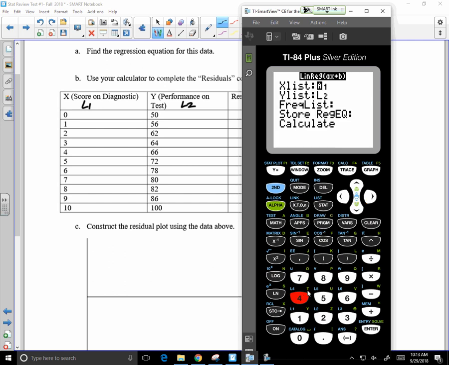In this instance, because we're not actually doing anything with that regression equation, it doesn't ask us to predict anything, we can just go right to calculate. So I'll make a note of that.